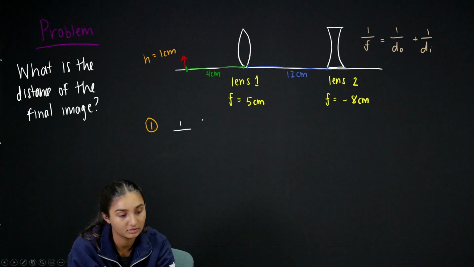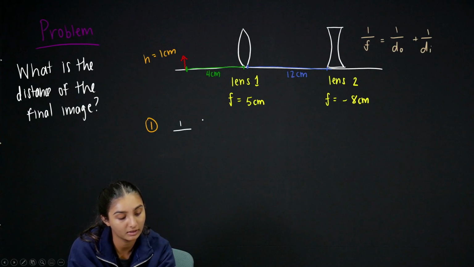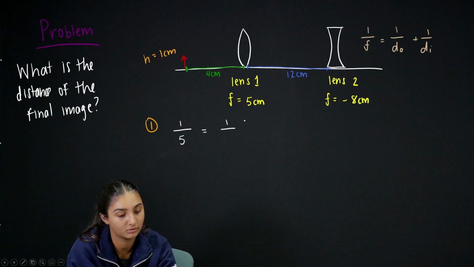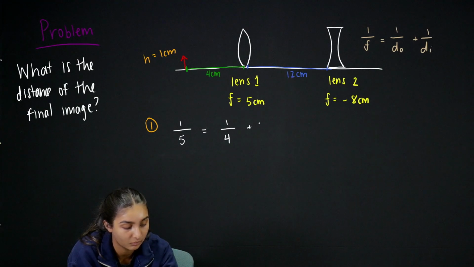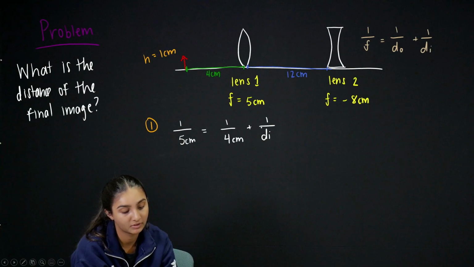So in this case, for lens 1, our focal length is 5 centimeters. Distance of the object is 4, and we're looking for the distance of the image. And our units are centimeters.